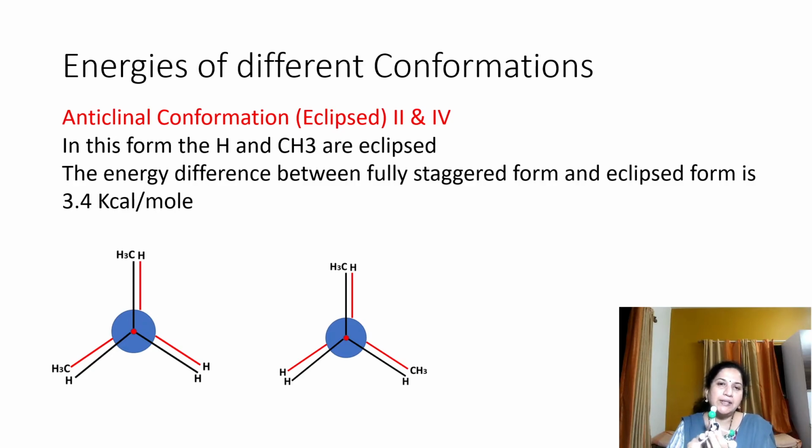However, these forms will have less energy than the fully eclipsed conformation. This is because the two CH3 groups are not directly facing each other, they are away from each other. So the energy difference between the fully staggered form and these eclipsed forms is 3.4 kilocalories per mole.